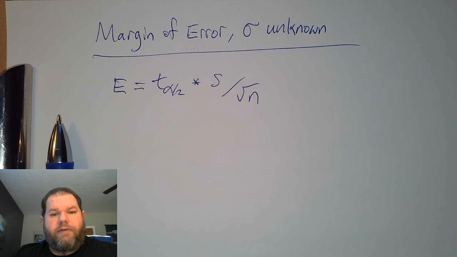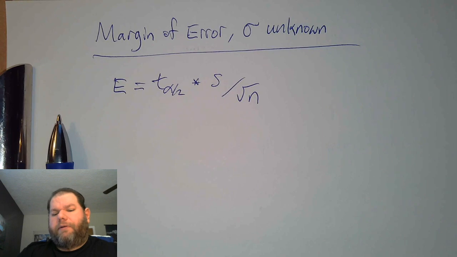We've done that previously, just by putting the numbers into our calculator and getting the results. We know s and n, those will be given to us. It's really up to us to decide what t alpha over 2 is.